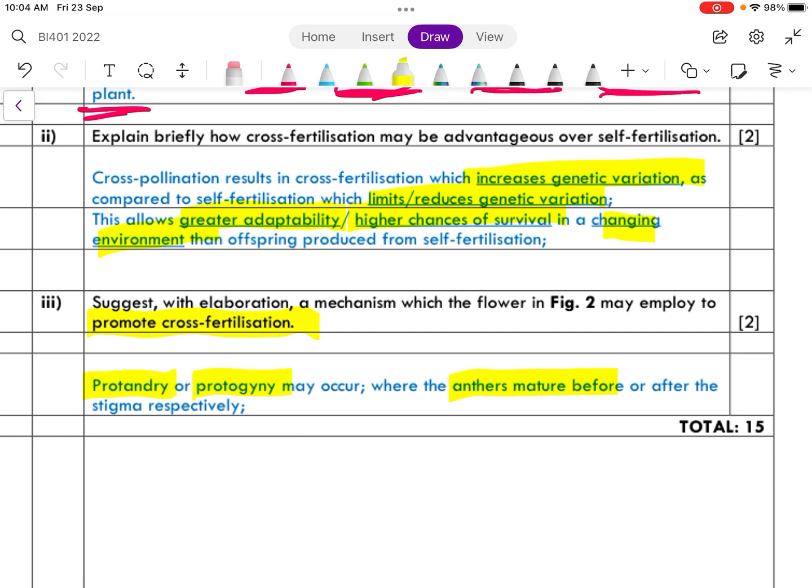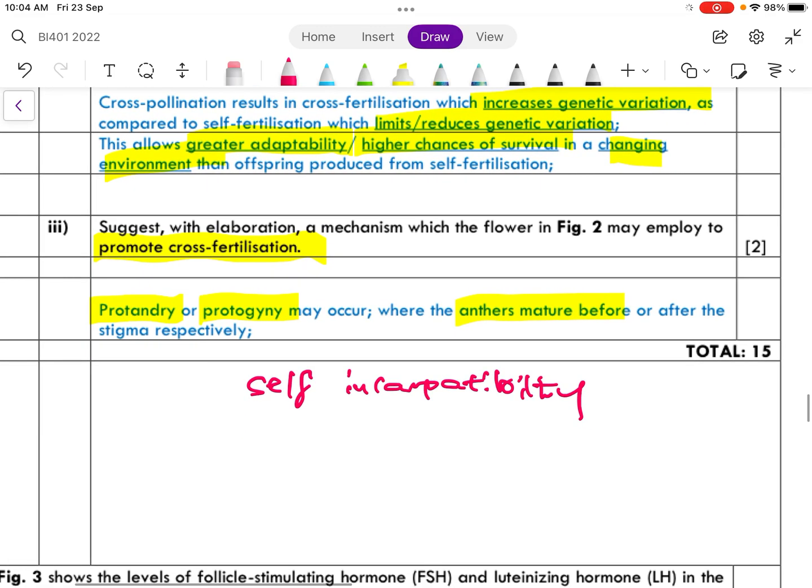Another one that prevents self-fertilization from taking place is chemical in nature. So you may find in your textbook the word self-incompatibility. This is one way that the plant is able to prevent pollen grains from itself from fertilizing its own egg. Because the moment a pollen grain lands on a stigma, it will not be able to grow a pollen tube. That is self-incompatibility.